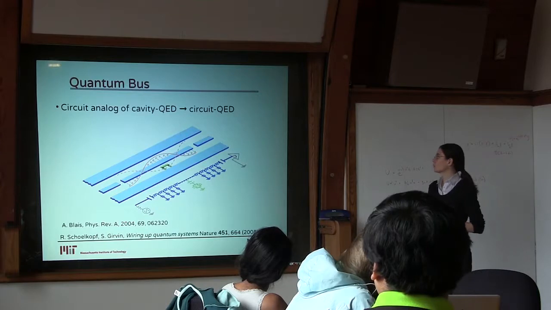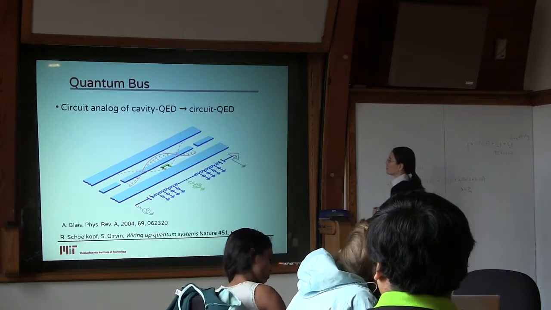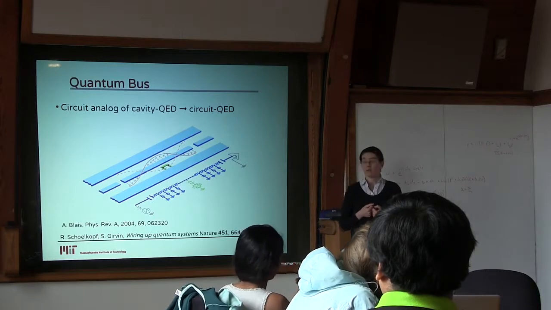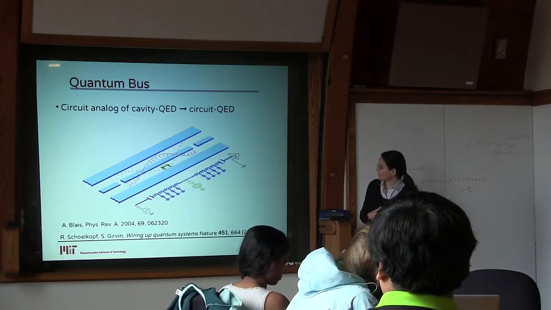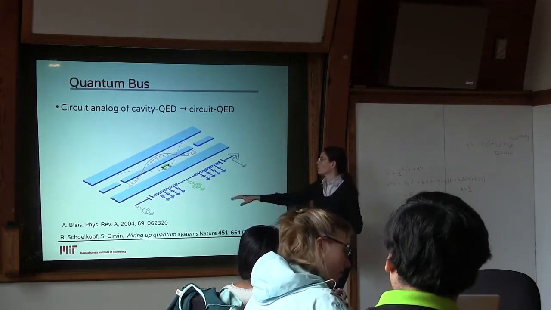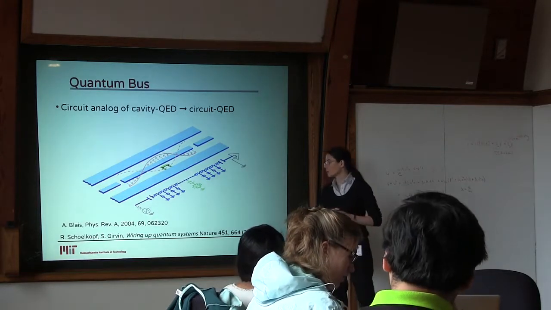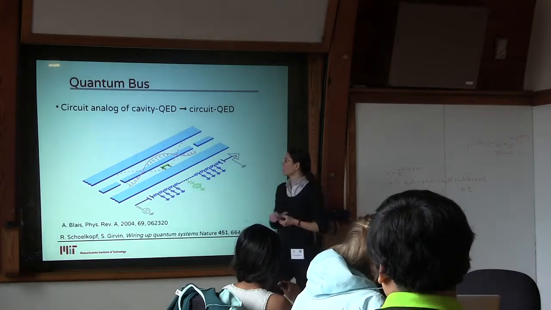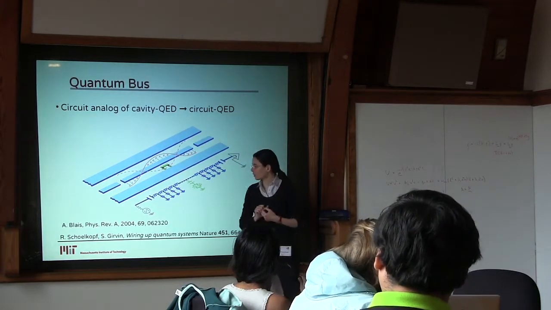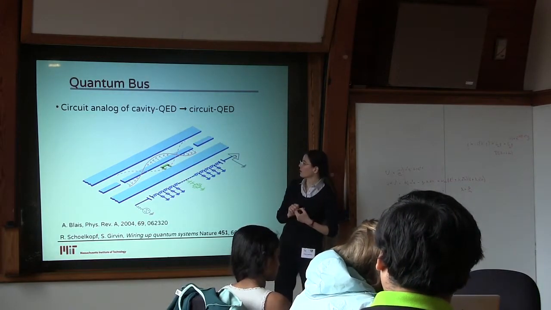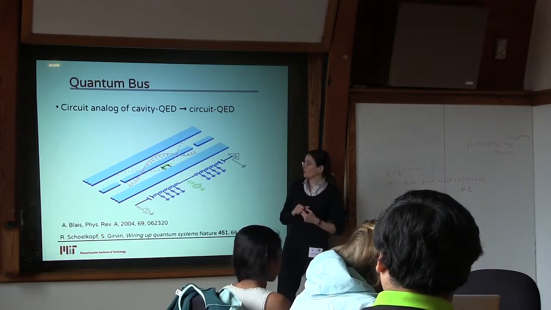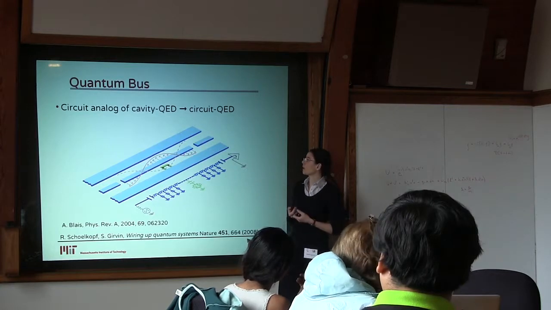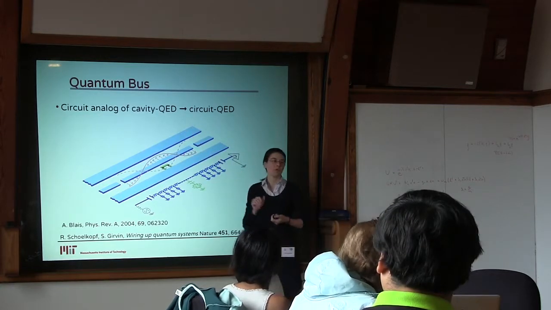One is to use a so-called quantum bus to, again, transfer information between distant qubits. This is an idea which goes back, I think, to around 2004 in the group of Schoelkopf. The idea is to use a transmission line, here opened up in order to show the diagram, in a way which replicates the physics that one finds in cavity QED.